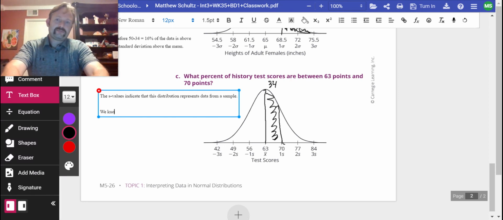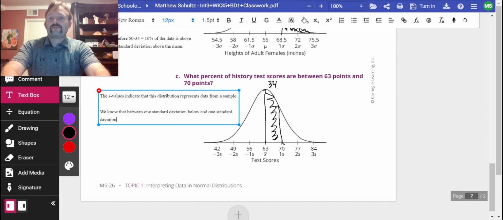We know that between 1 standard deviation below and 1 standard deviation above would be 68% of the data.